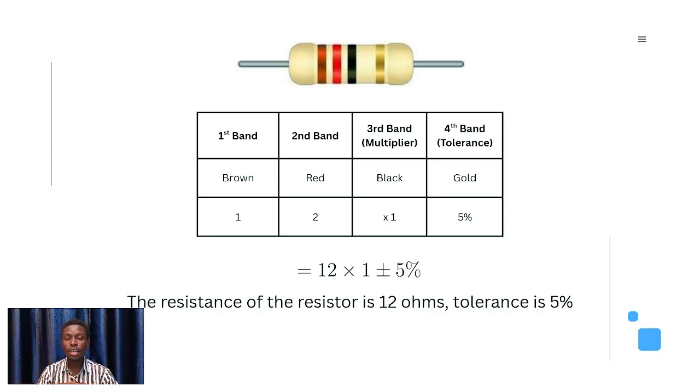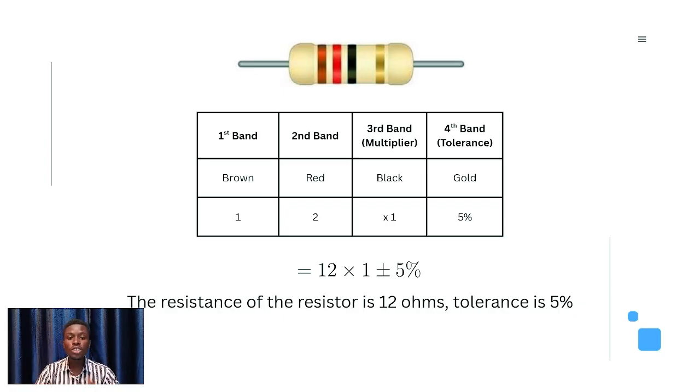So if you do your calculation, 5% of 12 ohms should be around 0.6, if I'm correct. 10% should be 1.2. 5% should be 0.6. So you expect that the value of this resistor under normal condition should be between 12 minus 0.6, that should be 11.4, and 12 plus 0.6, that is 12.6.